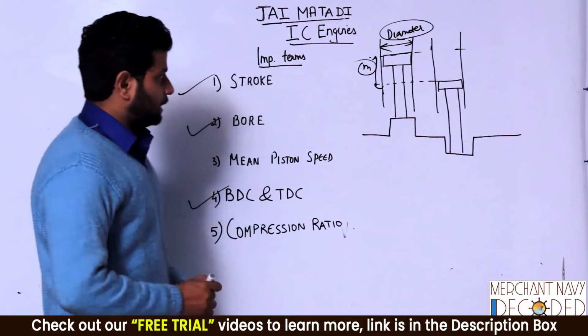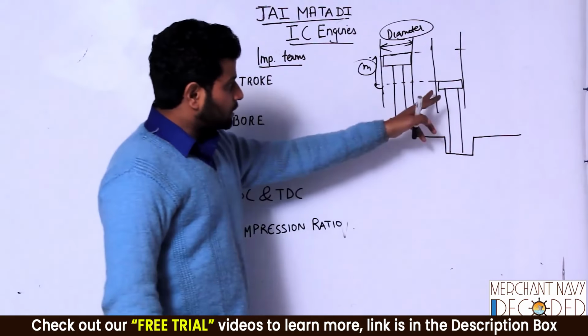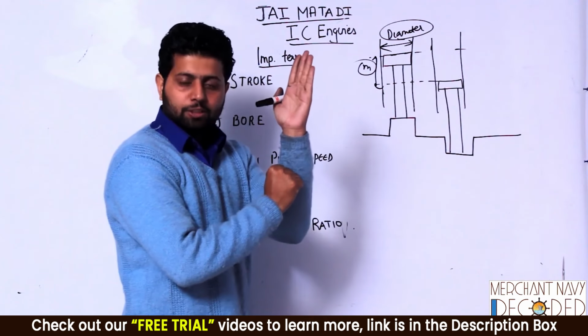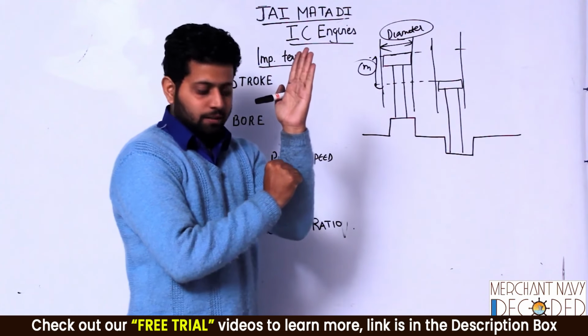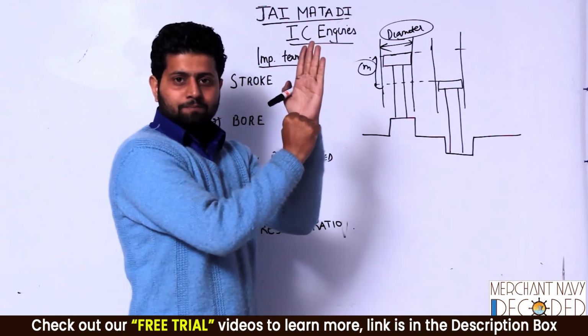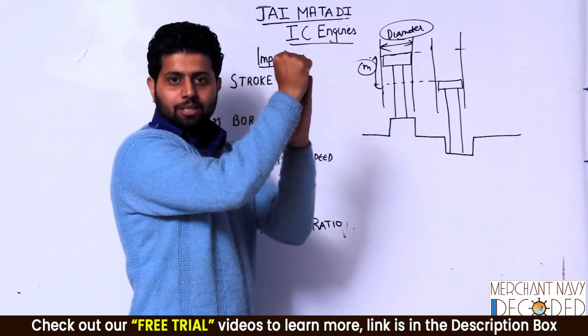What is mean piston speed? Mean piston speed is C. Understand one thing. When the piston comes to BDC and starts moving up, from BDC its speed is 0, then it starts increasing. By the time it reaches the midpoint, it is at maximum. Again it has to go and stop at the top.